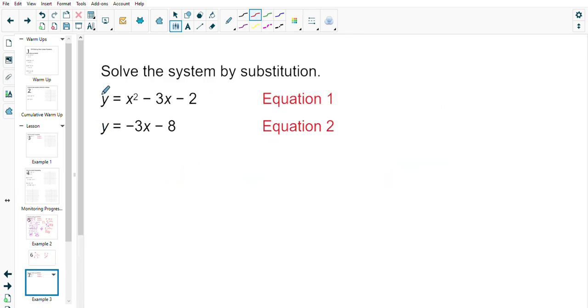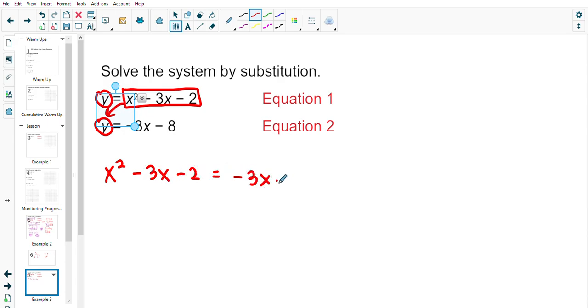So again, we're solving a system. These two are the same. So I can take this function, and because y is equal to it, I can plug it in for y. So we end up with x squared minus 3x minus 2 equals negative 3x minus 8.